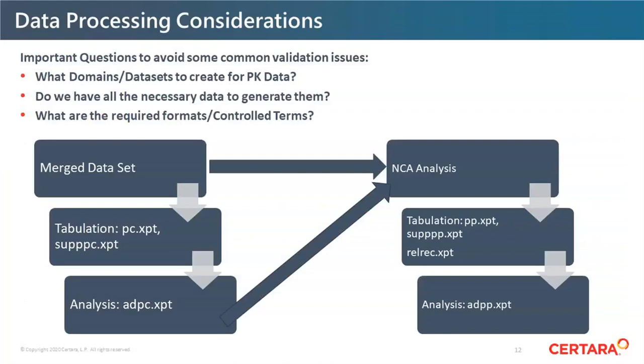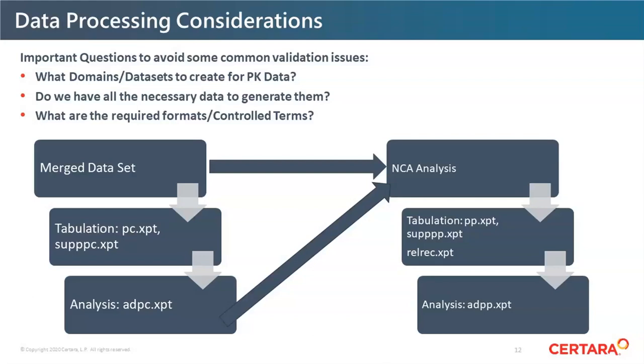What are the domains or data sets to create for PK data? This is a very important question because it will drive how we are going to use our intermediate file to generate all the necessary domains or data sets. If I am in the preclinical world, we know that for tabulation, I will need to create a PC.xpt, a supplemental PC.